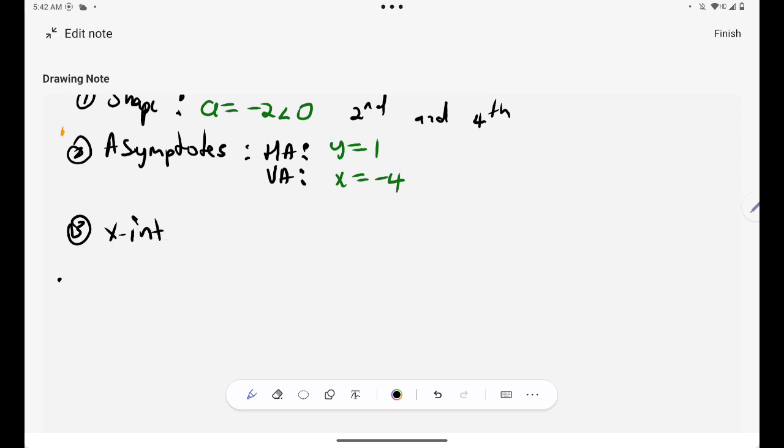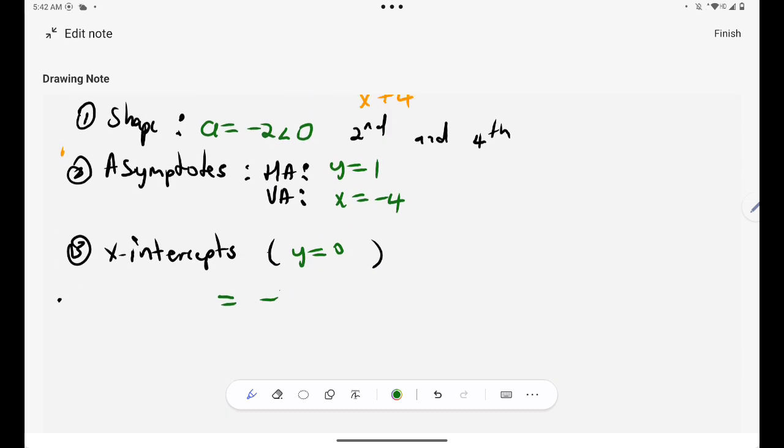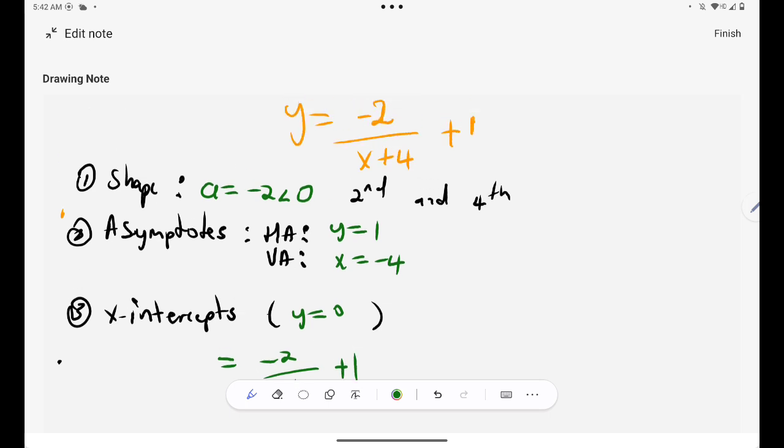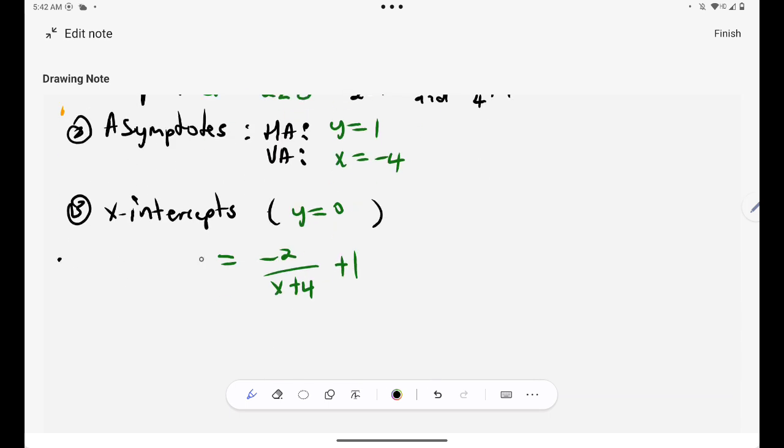And then whenever I need to find the x-intercept, all I need to do is to make y equal to 0, and then solve. When y is equal to 0, what's the equation? It's -2 over x plus 4, plus 1, and then this is 0.